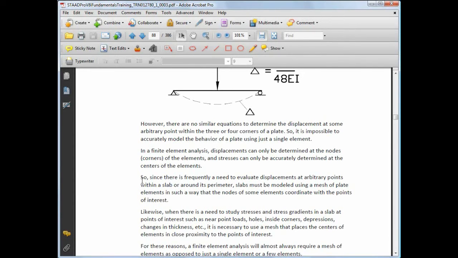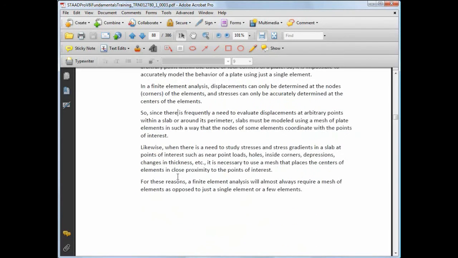So for two reasons, one having to do with predicting deflections and one having to do with predicting stresses accurately, we have need for nodes at intermediate locations within a floor or within a structure, and also centers of elements at intermediate locations within a floor or a structure.